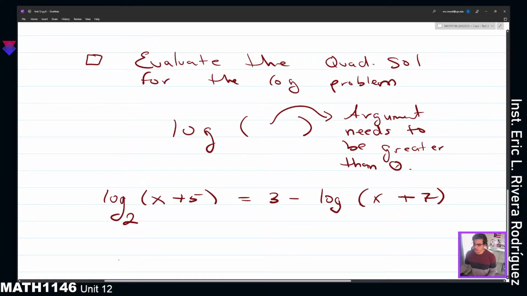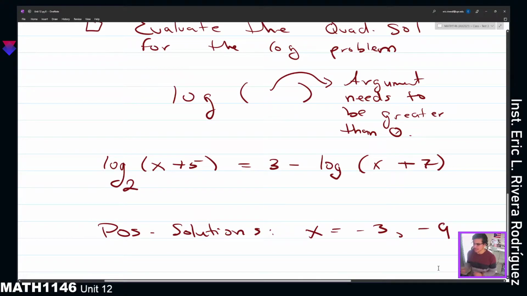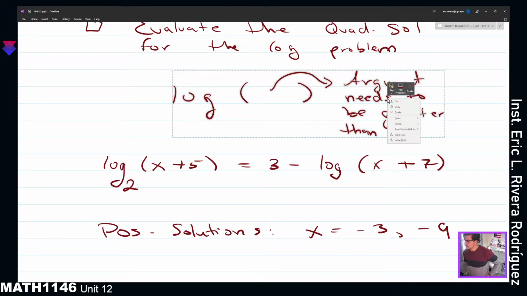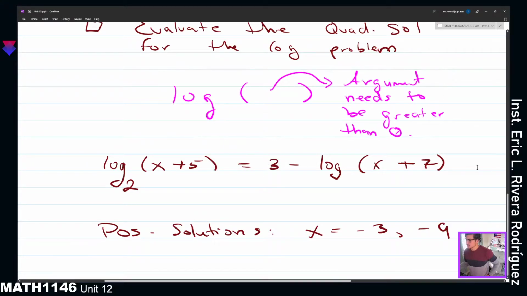The possible solutions that we have, the solutions from the quadratic problem, are -3 and -9. There is a big restriction here for the logarithmic functions. Argument needs to be greater than 0.